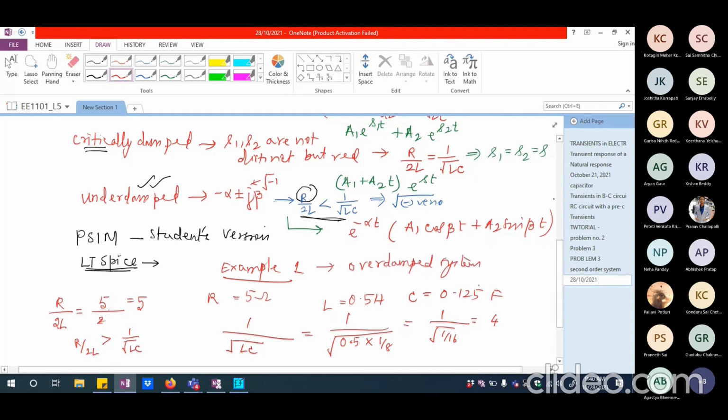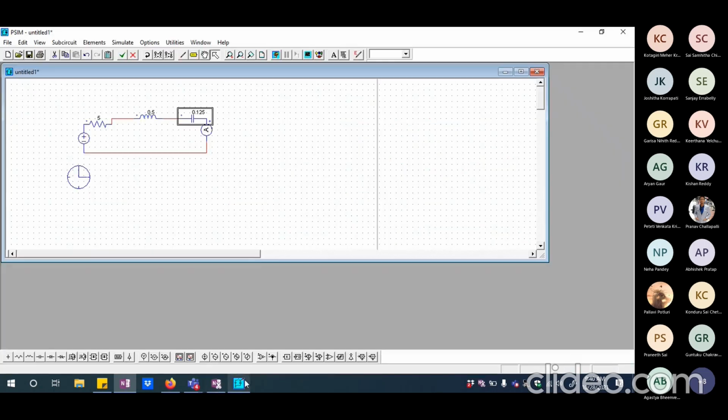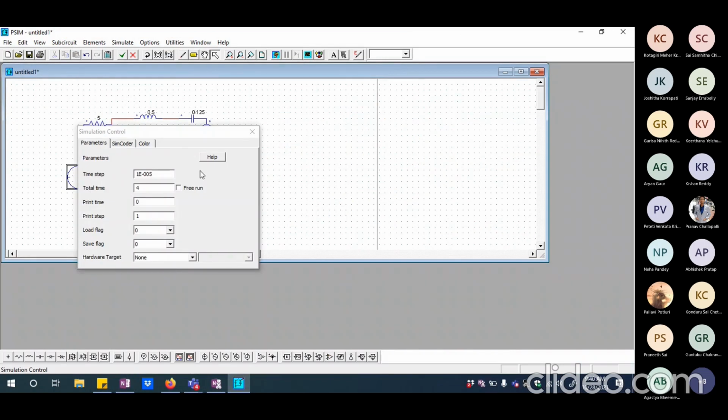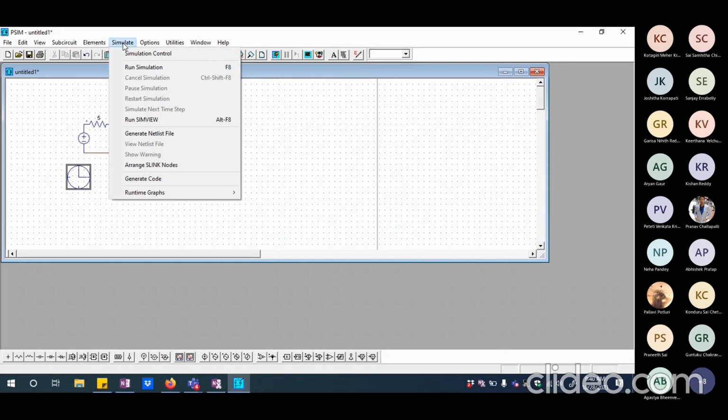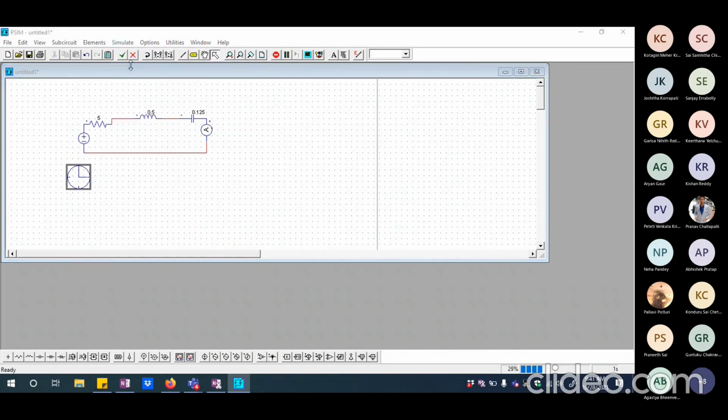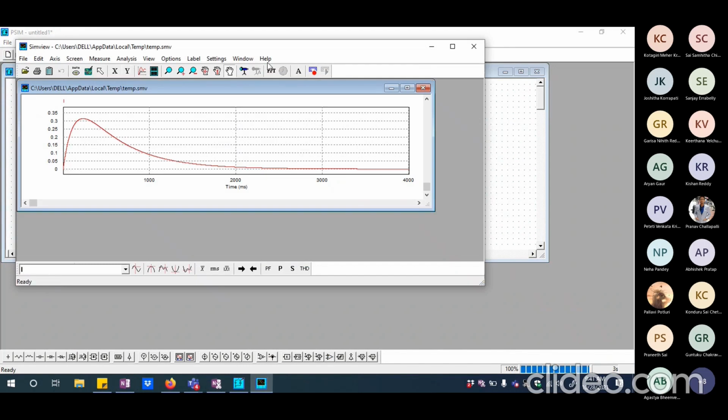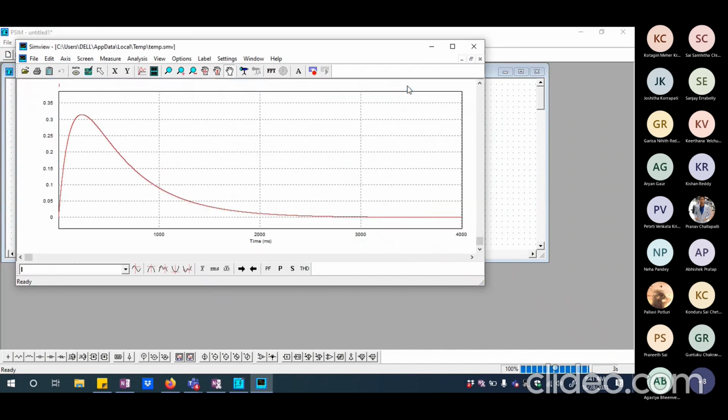Okay, so let us try to look at the response we are getting from this particular simulation. I am trying to run it for 4 seconds. So let me run the simulation. It is running the simulation. This is the kind of output it is showing.